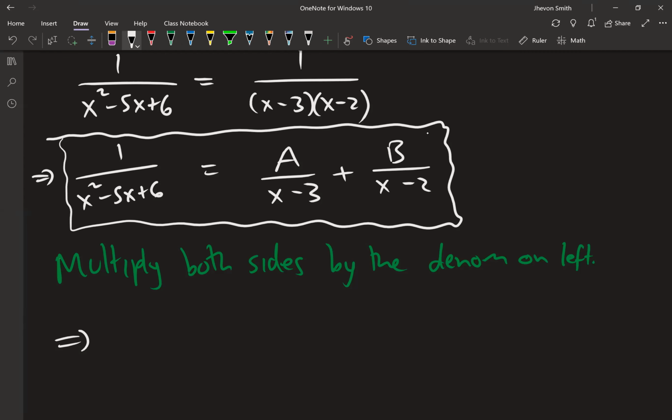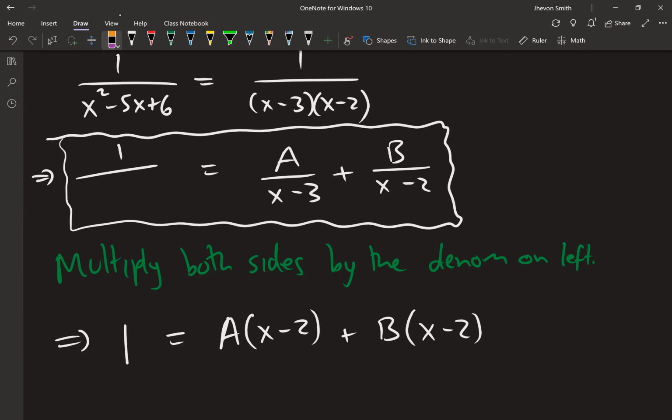By doing that, notice what's going to happen. I will have a 1 over here, and on that side, notice that this is what I would have, right? Because the x squared minus 5x plus 6 is really x minus 3 times x minus 2.